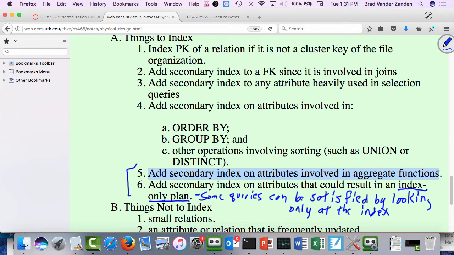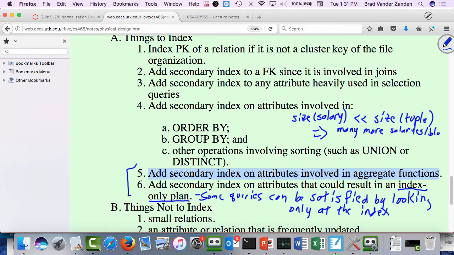That's right. Basically the size of the salary field is probably much less than the size of the tuple, which means many more salaries per block than tuples per block.